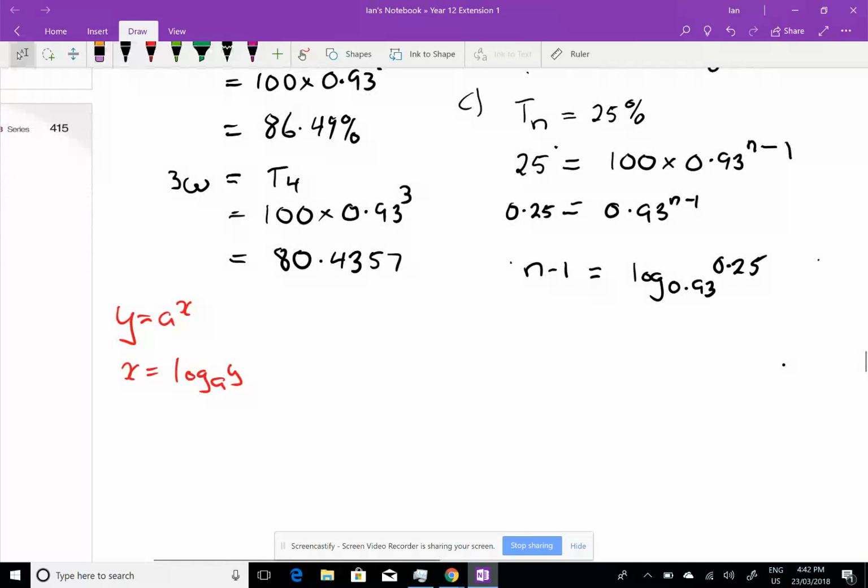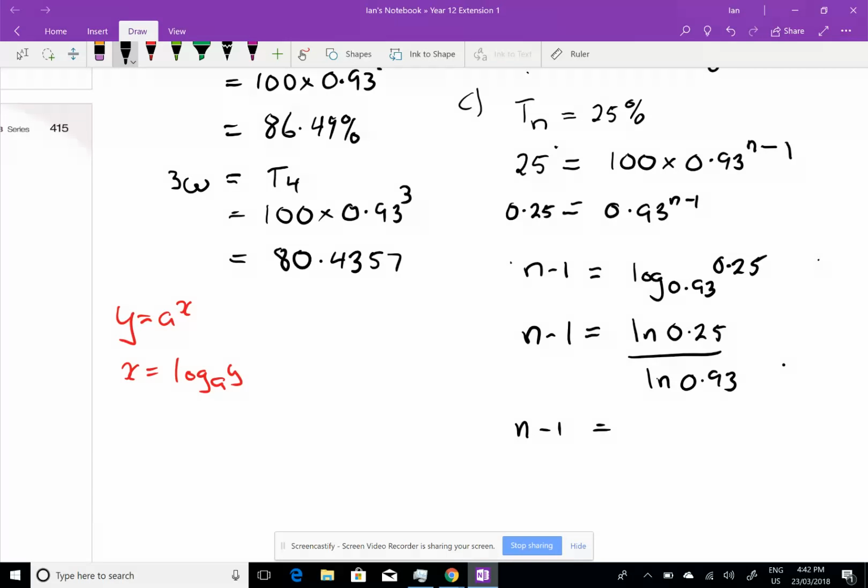And I know that I can choose any log and just write that as any log of the top over the log of the bottom. So I'm going to choose ln of 0.25 over ln of 0.93 for n minus 1.